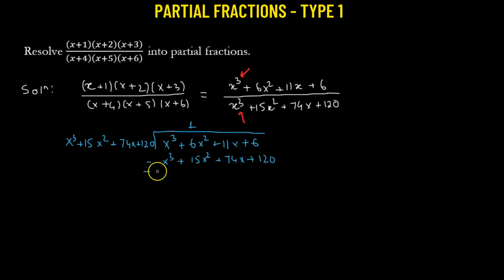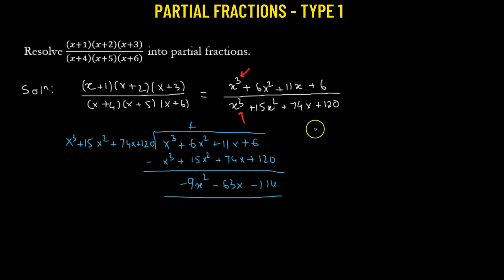So let's subtract them. So we have x cubed minus x cubed, that's 0. 6x squared minus 15x squared will be negative 9x squared. Then we have 11x minus 74x, so that's negative 63x. And then we have 6 minus 120, so that's negative 114. So this is our remainder.